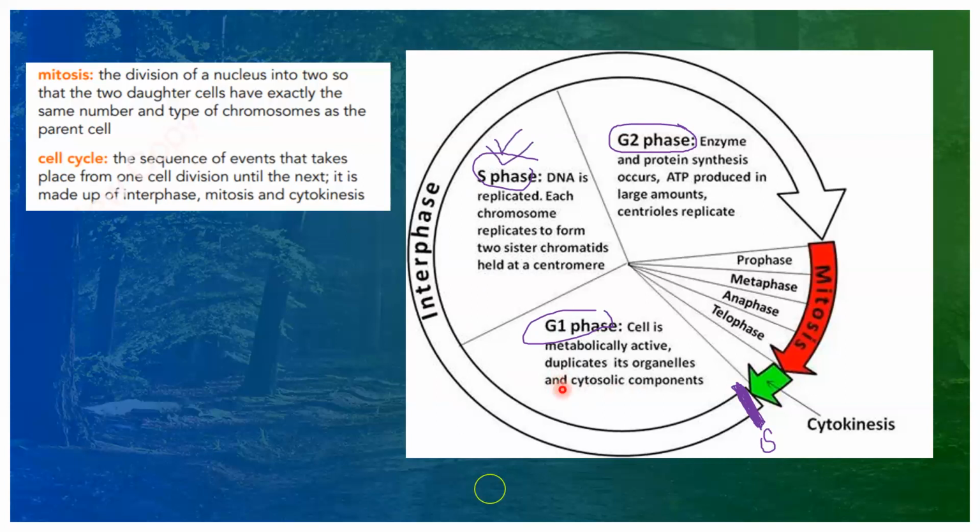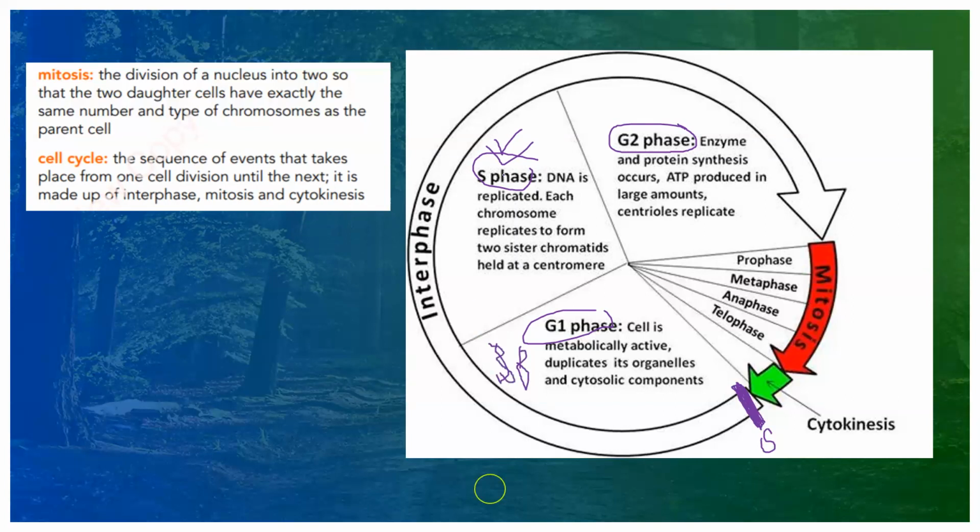I told you G stands for growth, so G1 is growth 1 phase, G2 is growth 2 phase. What happens in between them that we have to separate growth 1 phase from growth 2 phase? What happens, in fact, is that between these, let's assume we had a chromatid over here, or we had a chromatid with a single DNA over here.